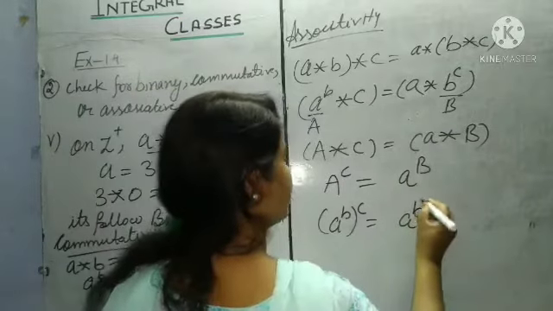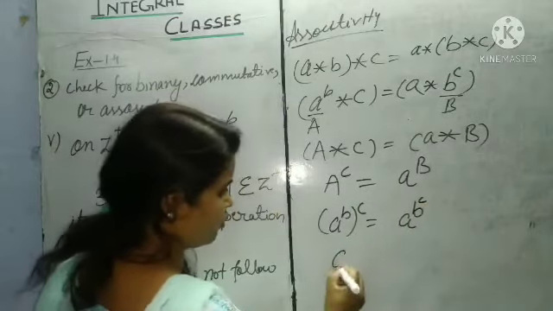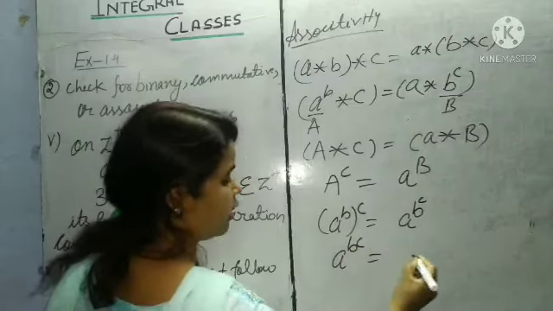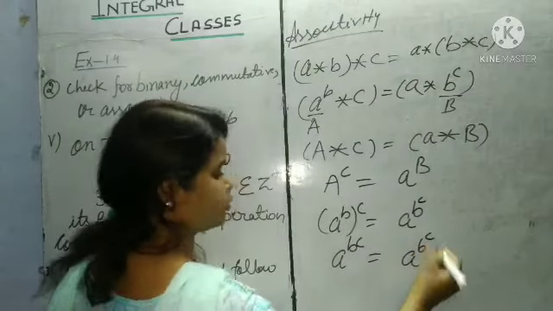B is B exponent C. Now it becomes A exponent BC and A exponent B exponent C.